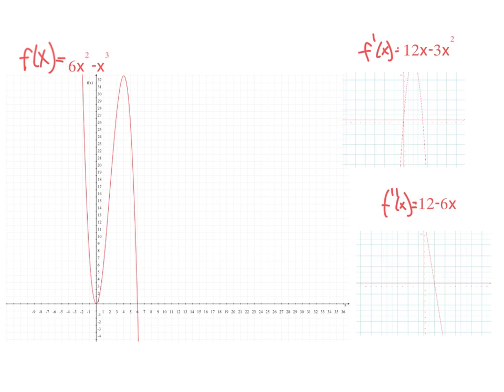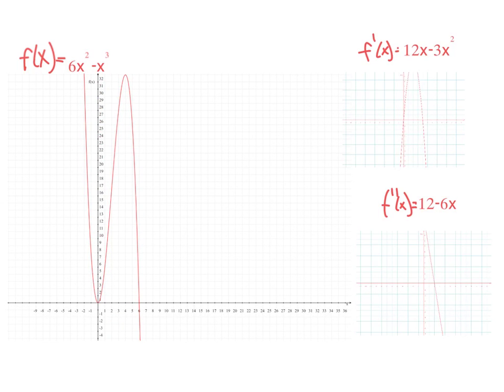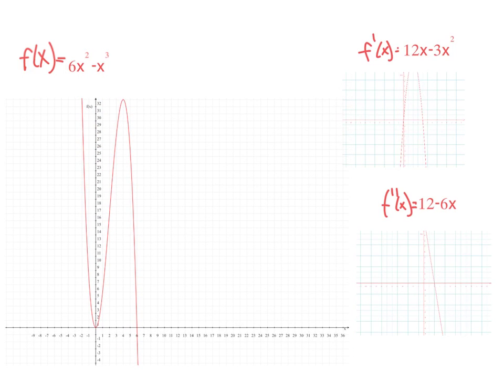So we said that the function was decreasing from negative infinity to 0, increasing from 0 to... where are you at? 0 to 4, right? Yeah, 0 to 4.